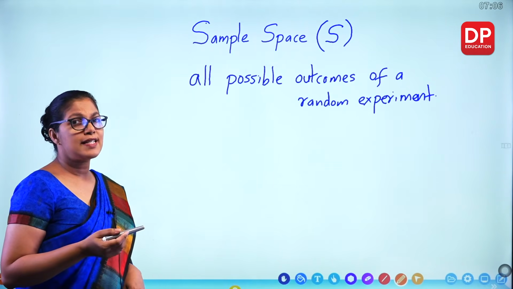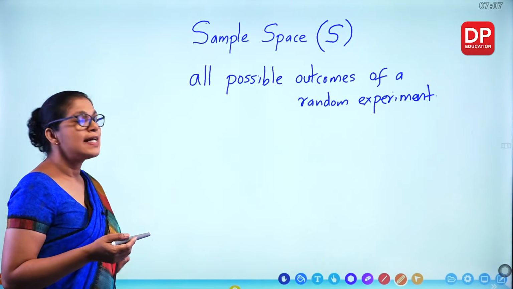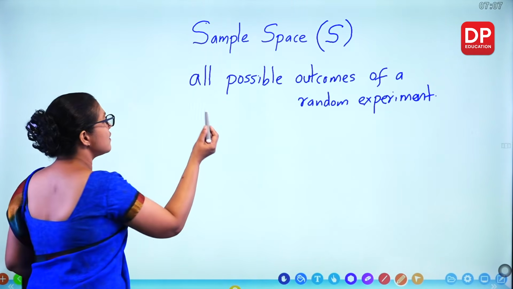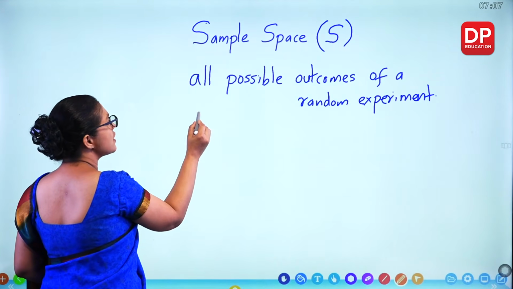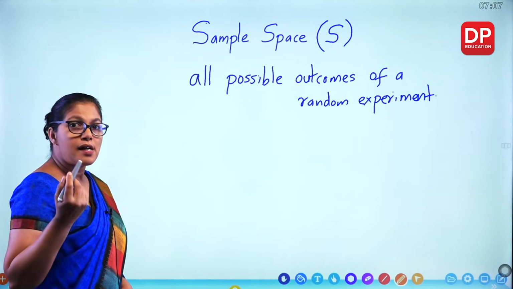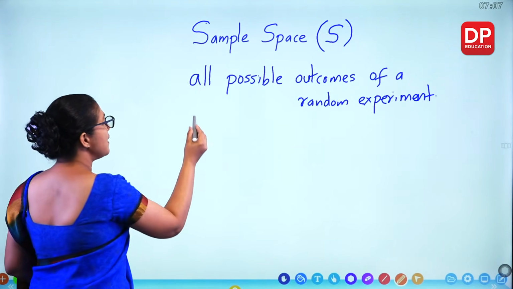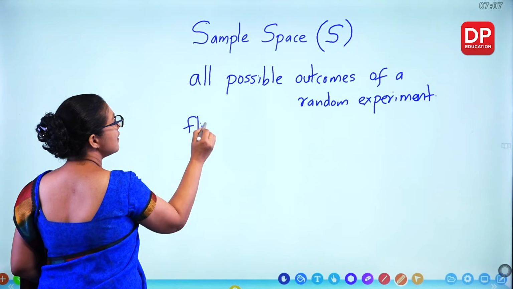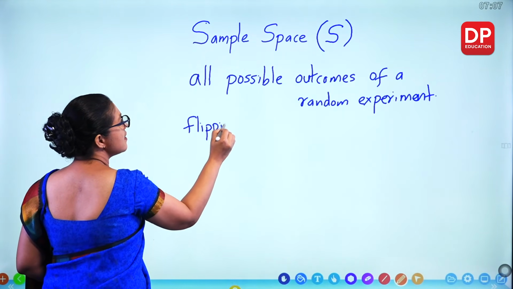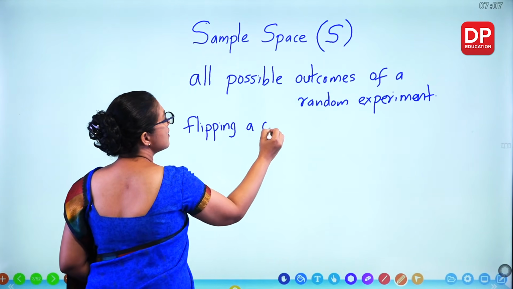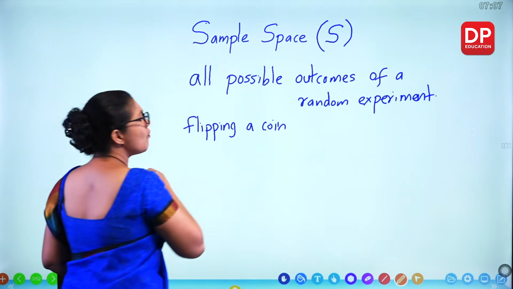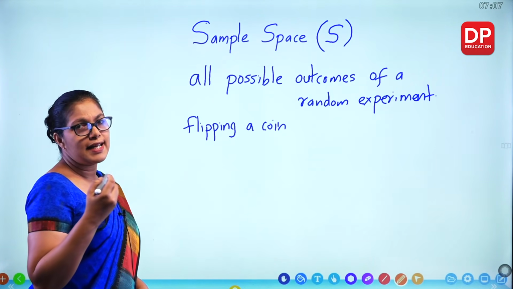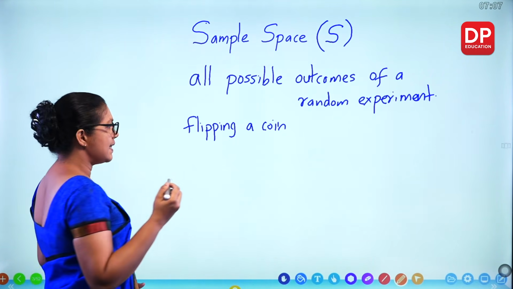There's a way of writing down sample space like a set. Think about tossing a coin or flipping a coin. What are the possible outcomes? You can get heads or tails.